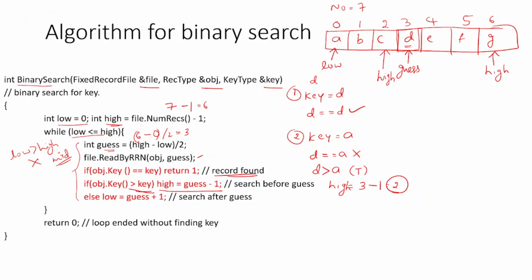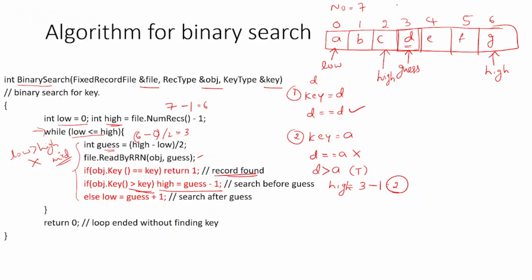Now when we do like this, what actually happens? When high is this, it will come back to your while loop again and iterate the same steps. In the next iteration, the high value will be 2 instead of 6.